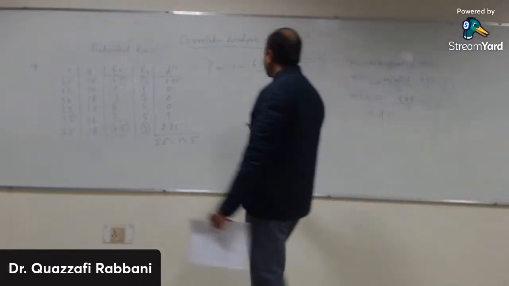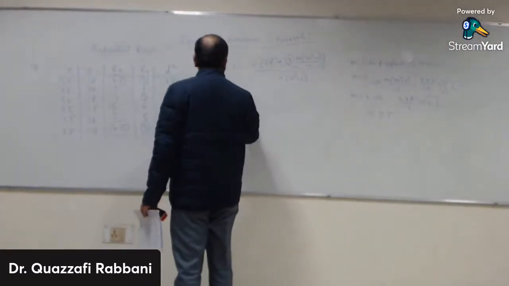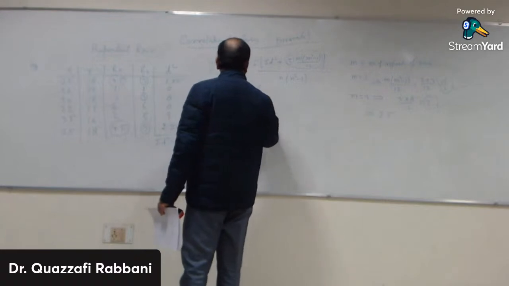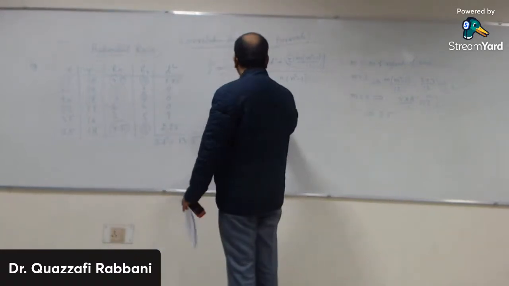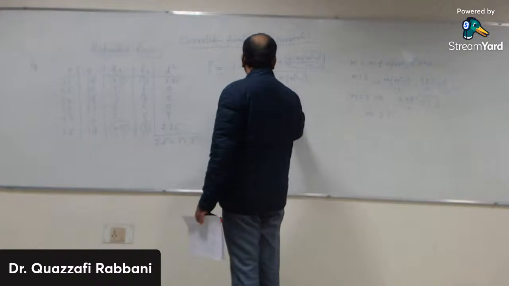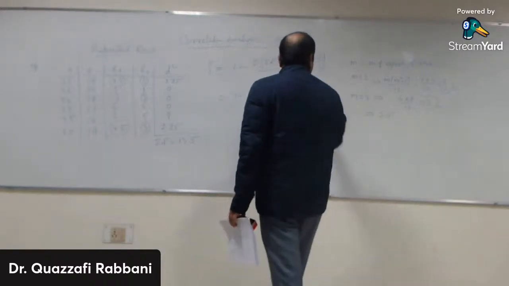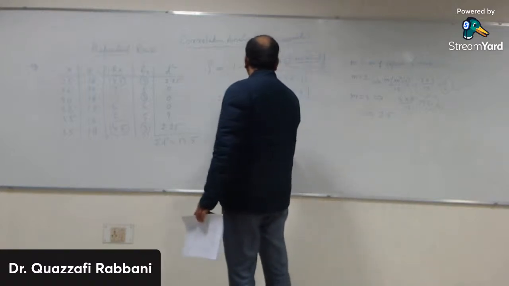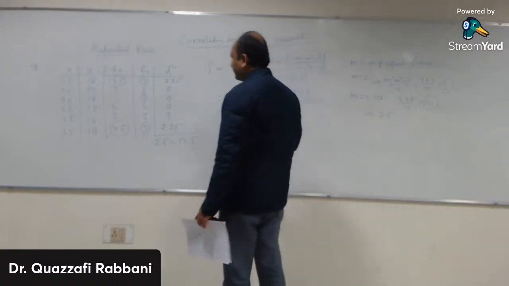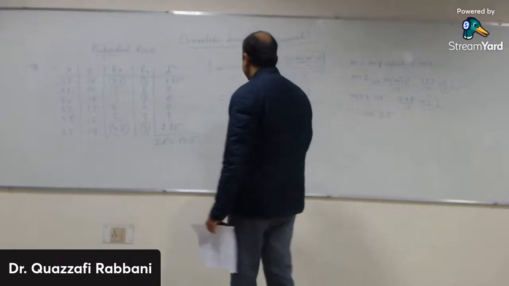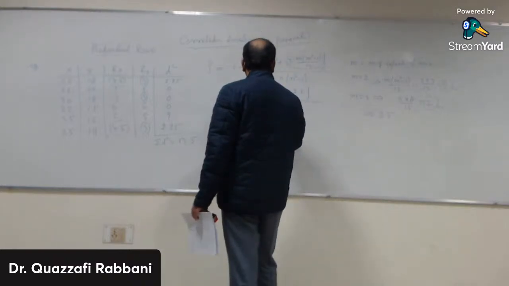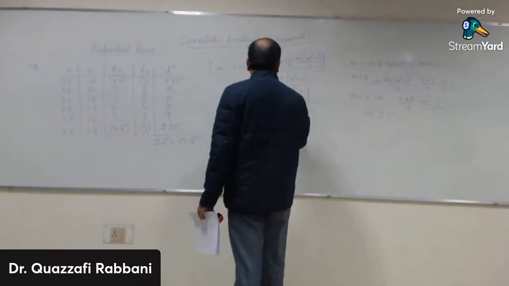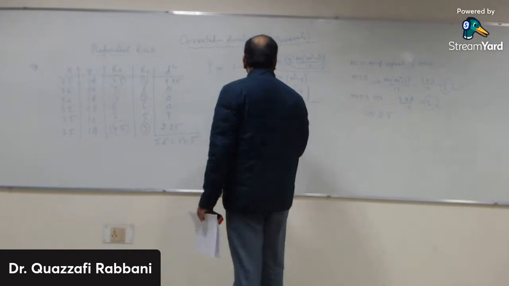So now let's put this value in the formula: 1 minus 6 into summation d square, which is 13.5, plus this factor, which is 2.5, divided by n into n square minus 1. What is n? n is 6. So this is 6 into 6 square minus 1, that is 35.